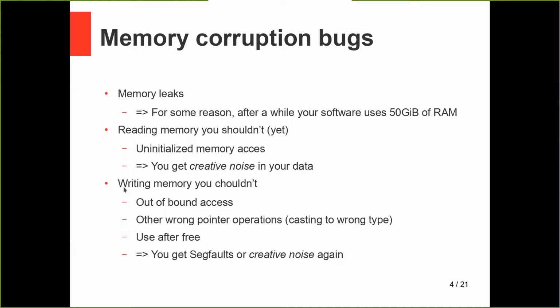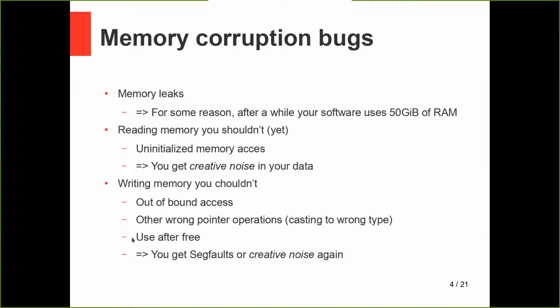Another possibility of memory corruption is a situation where you start writing on memory where you shouldn't. For example, when you start reaching beyond the bounds of the memory that you have allocated, or where you have problems because you use the wrong type of pointer operation, so you're casting to the wrong type and therefore accessing it the wrong way.